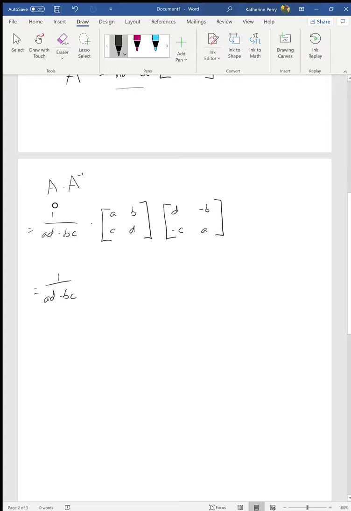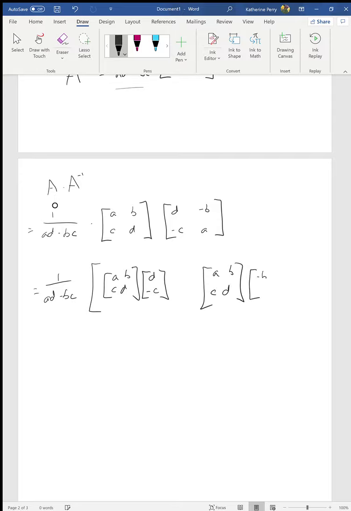I'll start with my first column: [a, b; c, d] times [d, -c]. And my second column will be [a, b; c, d] times [-b, a].